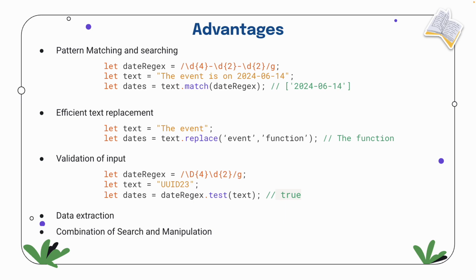Suppose you write an email that is not in proper format, like abcd123, but email is some word at the rate some domain name, like gmail.com. So it should be in that format. To validate the input we also need regular expressions. Here we are validating 4 alpha characters with 2 digits. If that is there, it returns true, or else it returns false. So we can validate the inputs as well.